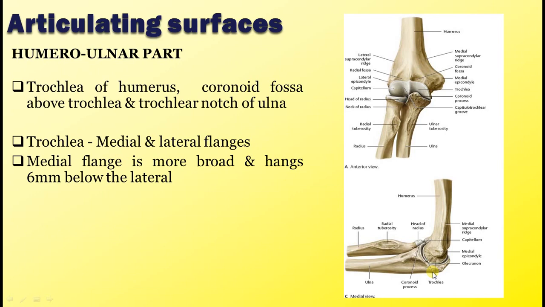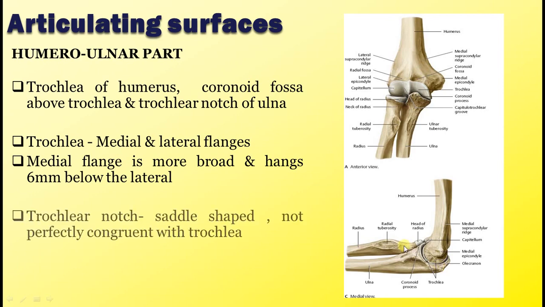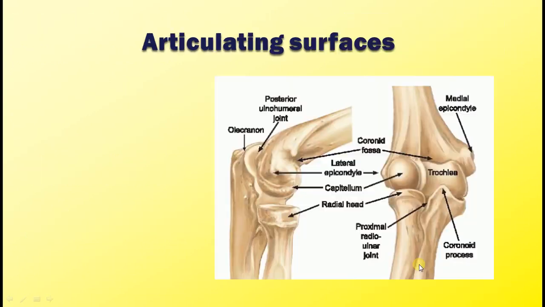In full extension, on the lateral side of the olecranon there is a bit of non-articular part. In full flexion, on the medial side of the ulna there will be a little bit of non-articular part. So these parts are not used, which means they are not perfectly congruent with each other. That is what saddle shaped means, and it is not perfectly congruent between the two articular surfaces, that is the humerus and the ulna.